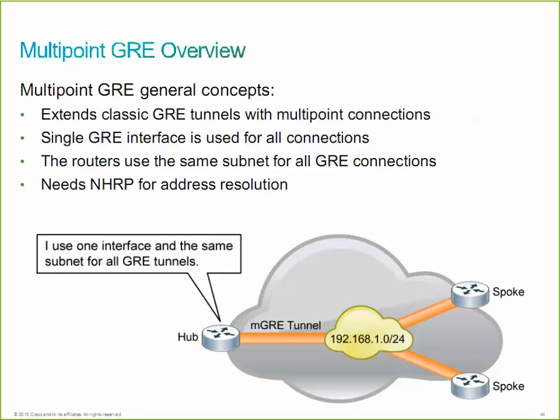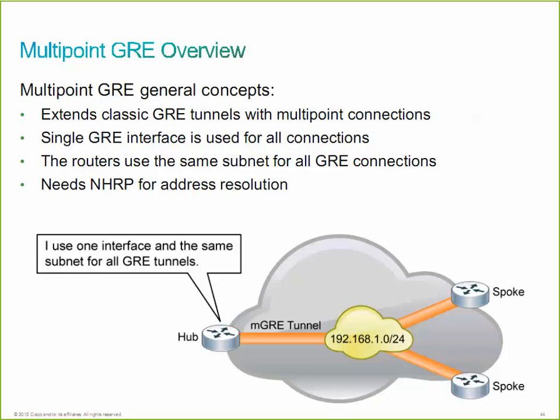mGRE extends the ability to support multiple GRE endpoints by adding this multipoint function, and you create something called a multipoint GRE interface. But it's not just a matter of providing the ability to have a multipoint interface to allow us to connect to several spoke sites.